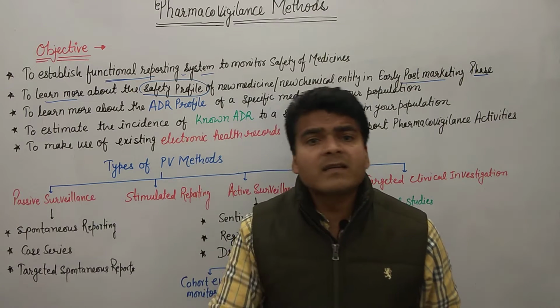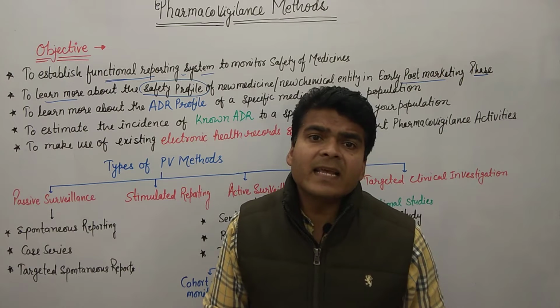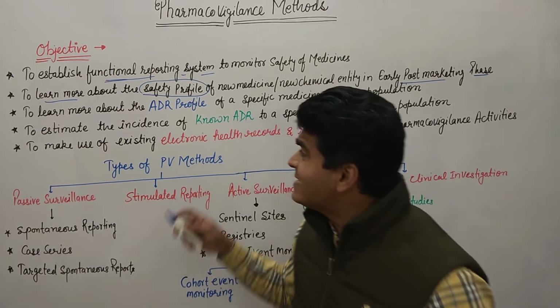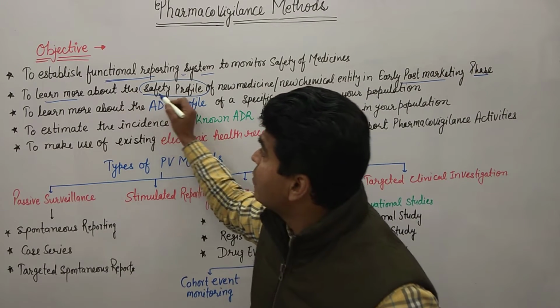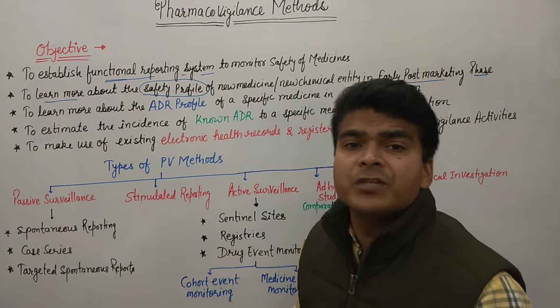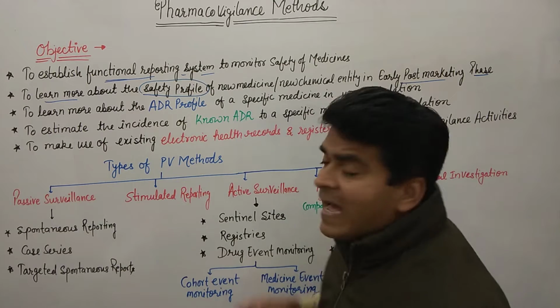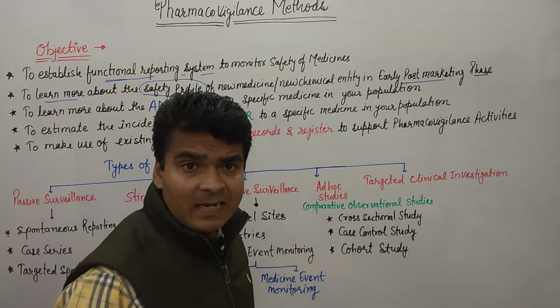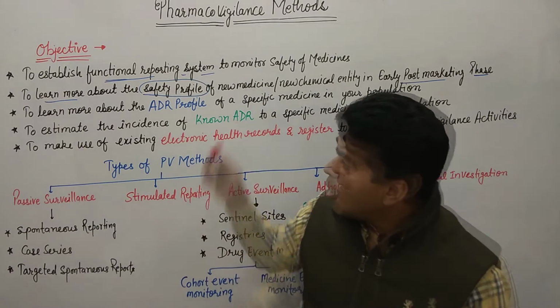That means after approval, are any side effects observed? In that condition there is a need to learn more about the safety profile of a new drug. So it will help in early post marketing phase studies. Clear? So this is our second objective.